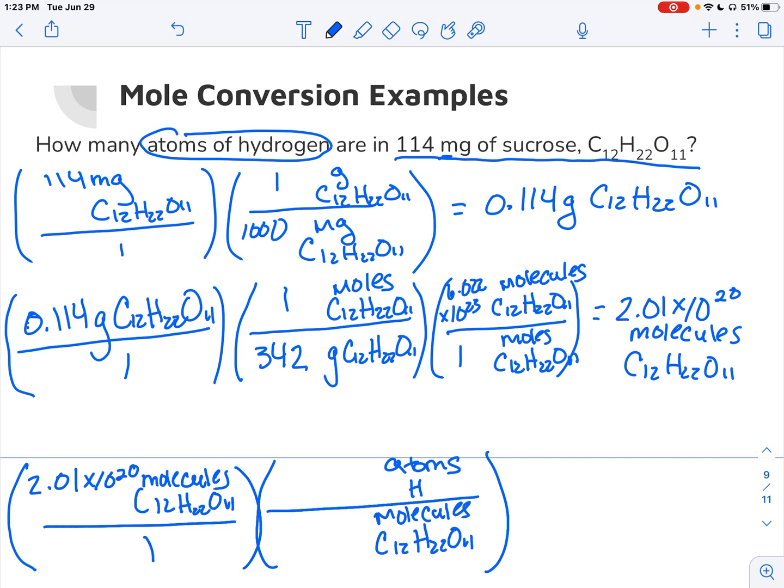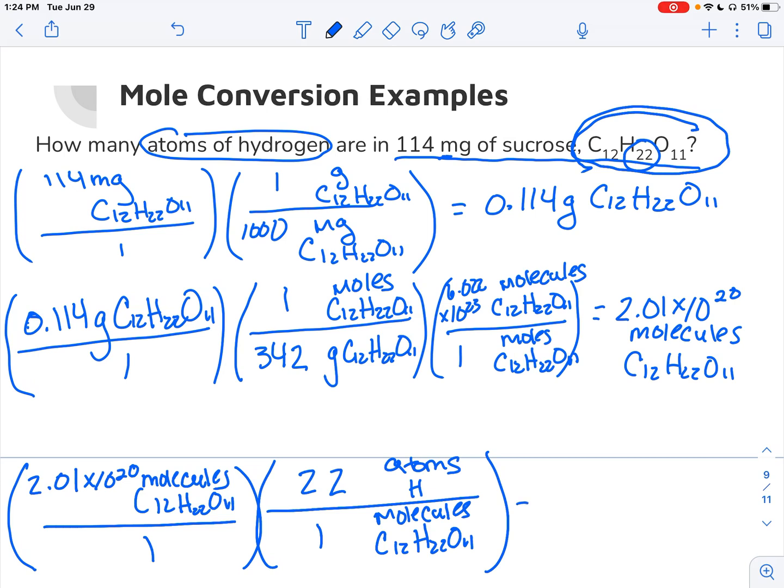Okay, so you know, based on this formula right here, for every 1 sucrose, there are 22 hydrogens. That's what the subscript tells you. Every time you have 1 molecule of sucrose, you have 22 hydrogens in there. So for 1 molecule, you have 22 atoms of hydrogen.